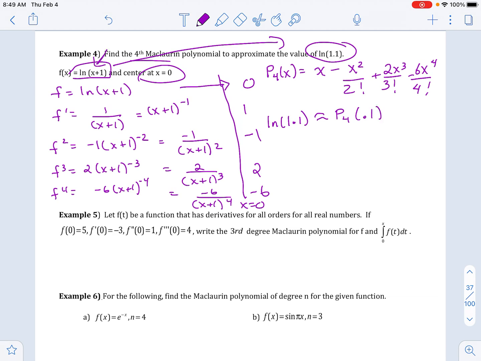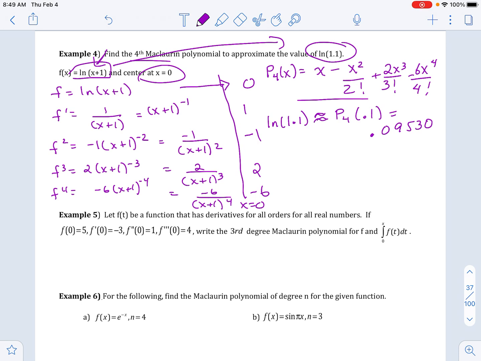Right? 0.1 for x will give me an approximation to natural log of 1.1. So if you punch that into your calculator, you should get approximately 0.09530. So notice natural log of 1.1 is approximately the value of this polynomial at 0.1.